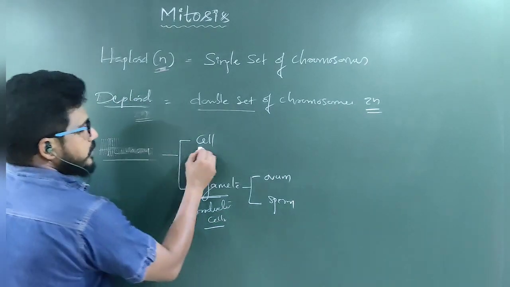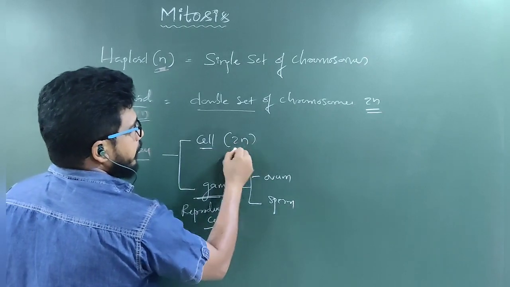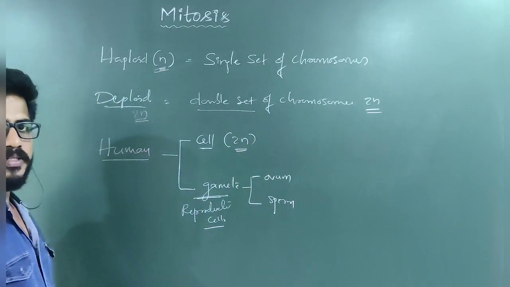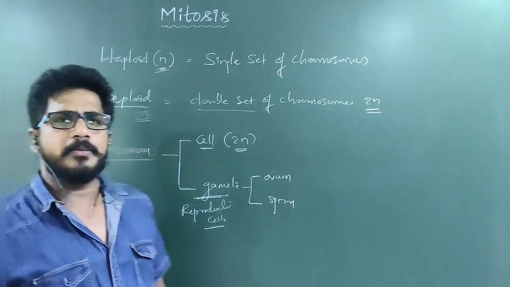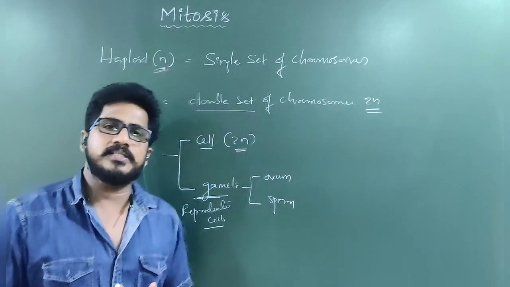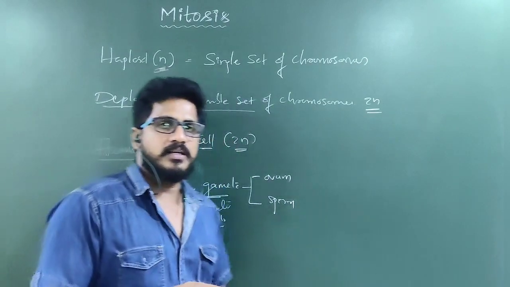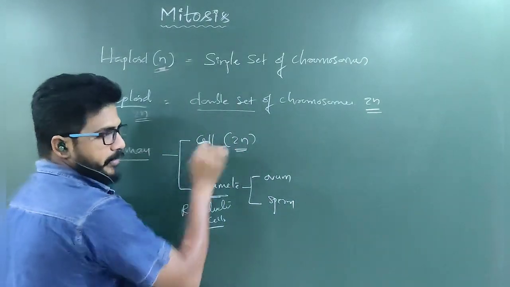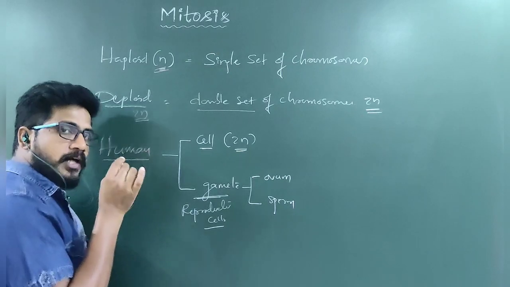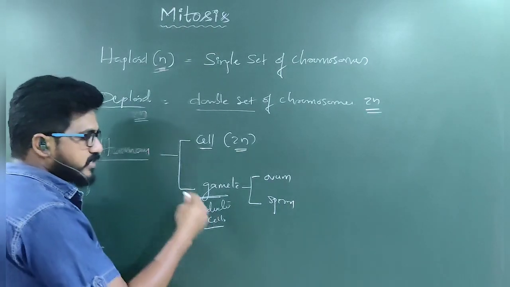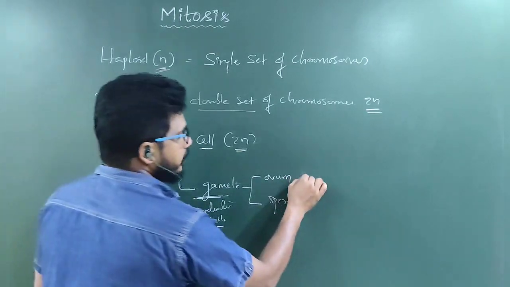So the human cell is always diploid. Human cells, for example RBC, WBC, hair cells, neurons, muscle cells, nephron cells, every kidney cell, whatever is in our body, all of them are diploid. Even the reproductive cells are diploid, but the gametes they produce are haploid.